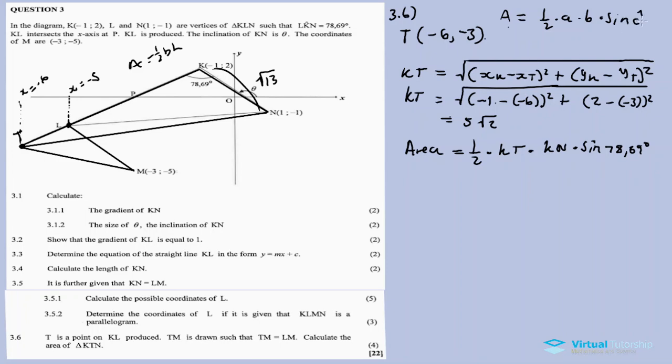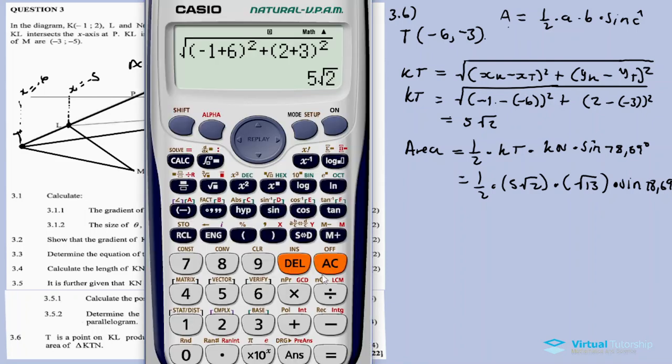The angle must be between the two given lengths. So this is equal to 1/2 times KT, which is 5 square root 2, times KN, square root 13, and then times sine 78.69 degrees. Then we calculate again.